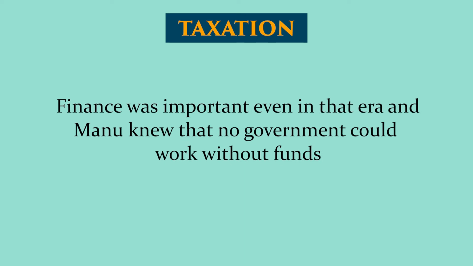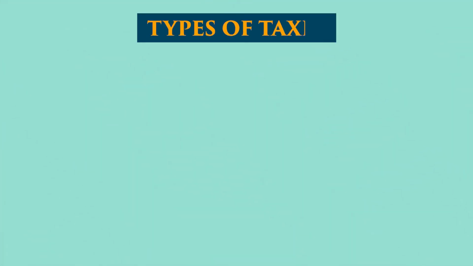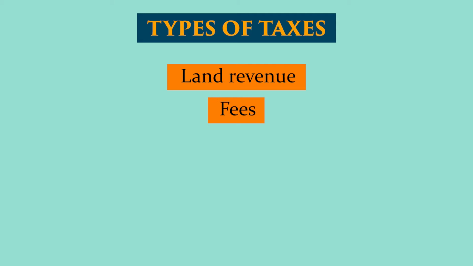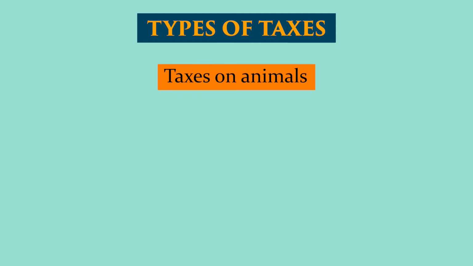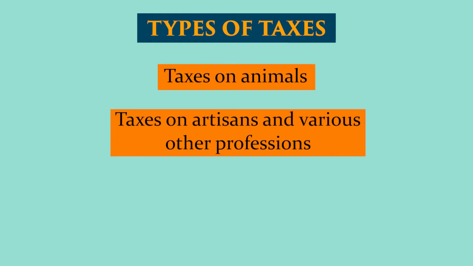Finance was important even in ancient times, and Manu recognized the fact that no government could work without an adequate treasury. Now, what were the types of taxes? Manu provided for various categories of taxes: land revenue, fees, fines, taxes on the use of rivers, taxes on animals, taxes on artisans and various other professions, sales tax.